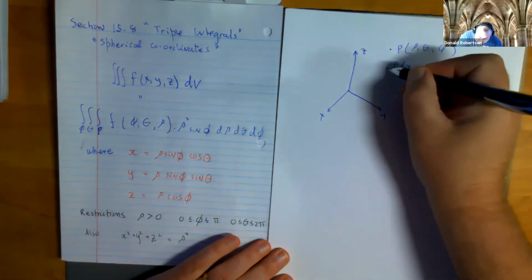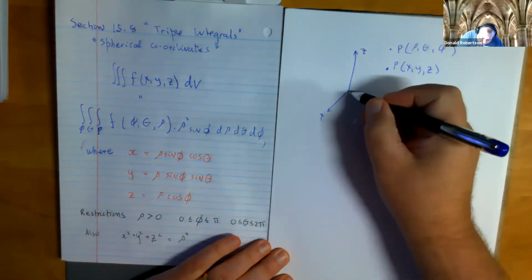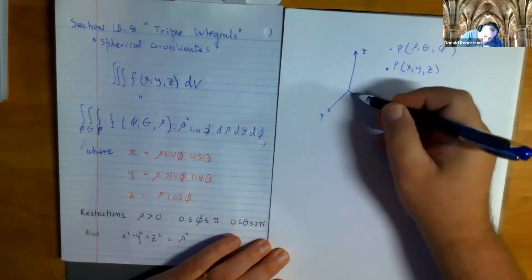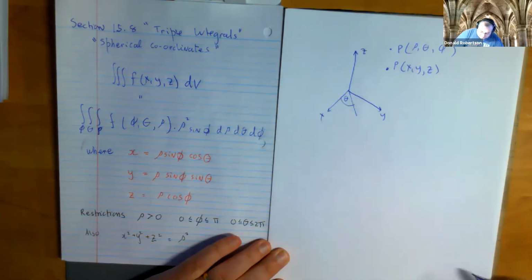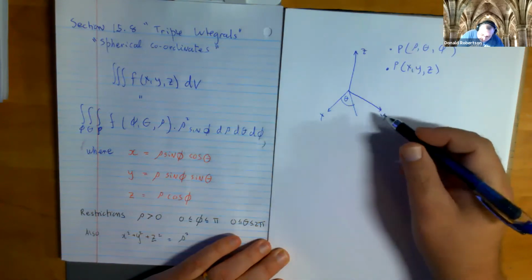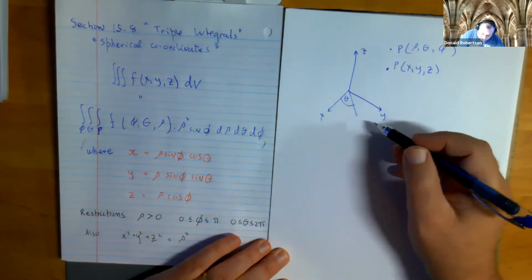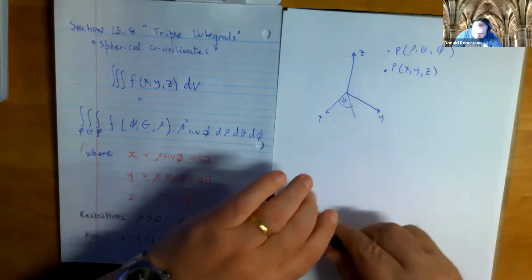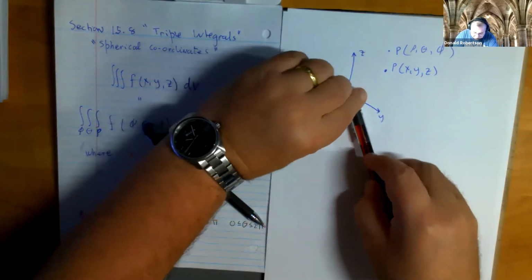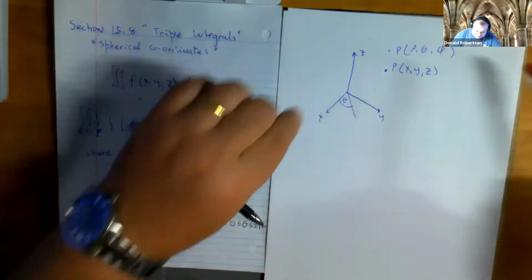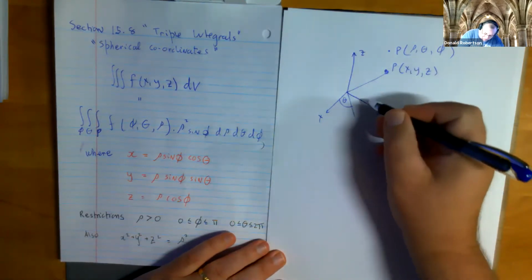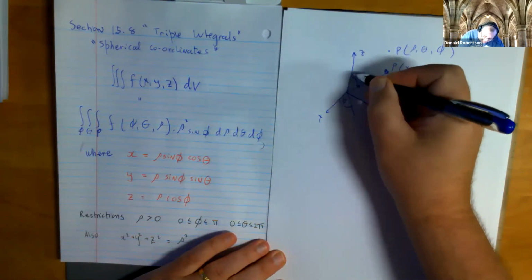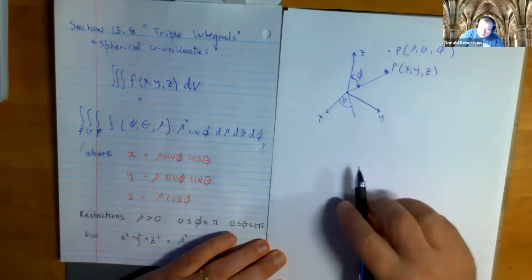So you imagine this point here. What you do is you go theta degrees in that direction, and then, it's kind of hard to imagine it, but you go up like this, and this going up angle is called phi.